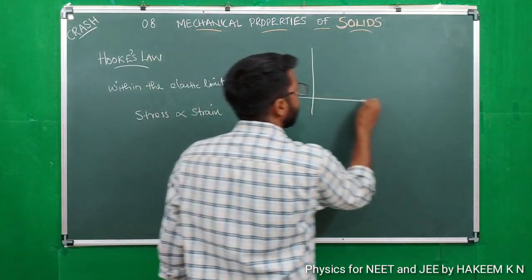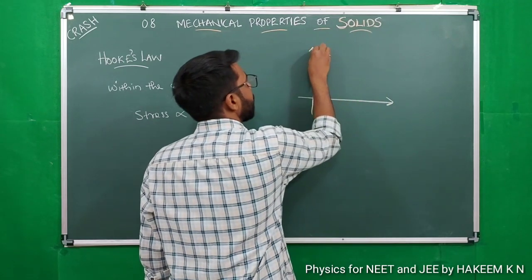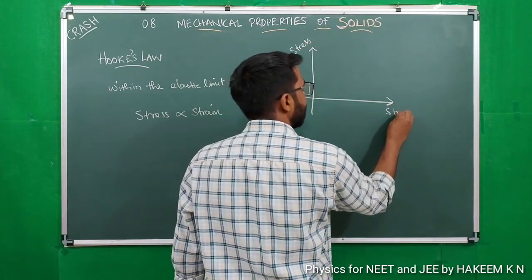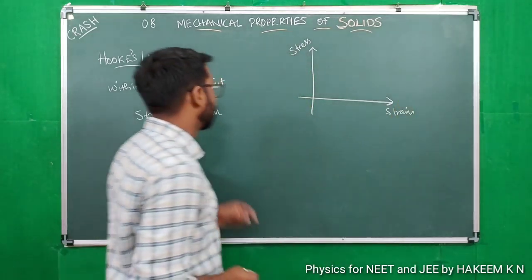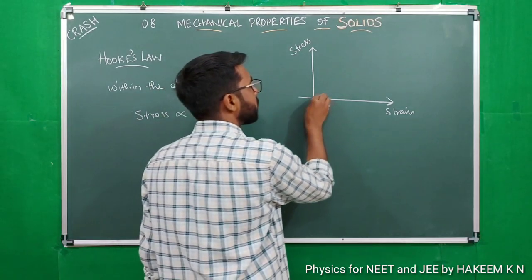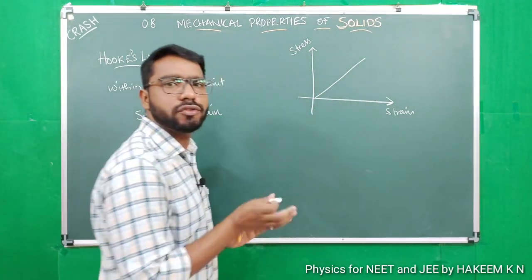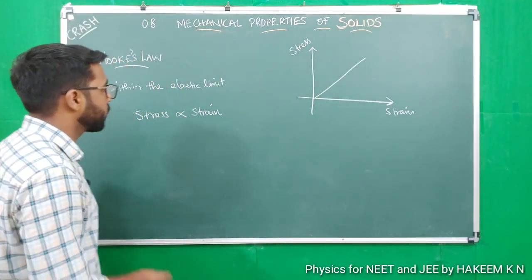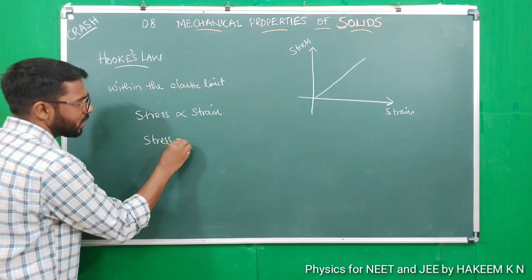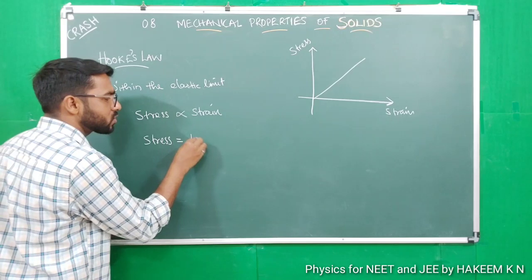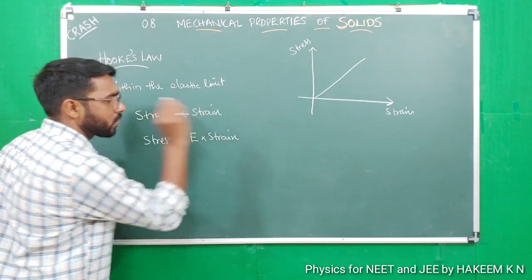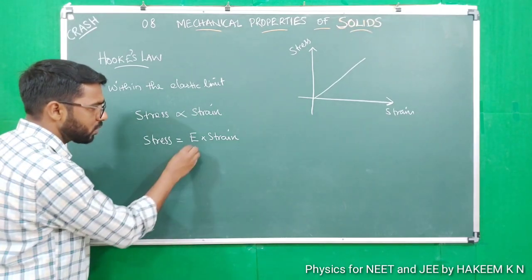Then when we draw a stress versus strain graph, if they are directly proportional, the shape of the graph will be a straight line inclined to both the axes. So we can say stress equals a constant into strain.